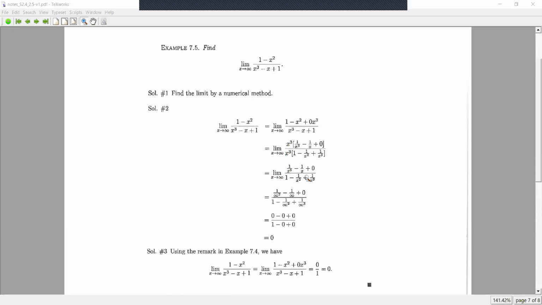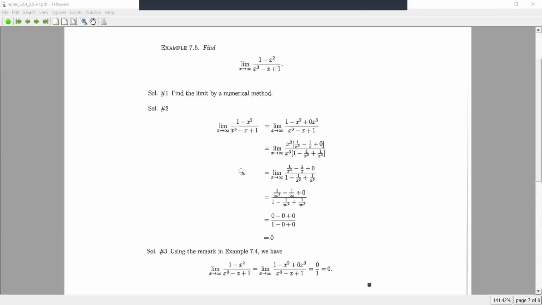Now this limit is easy to tell. By direct substitution, plug in infinity in x, then we get this equation. 1 divided by infinity is 0, so this quotient is this number.